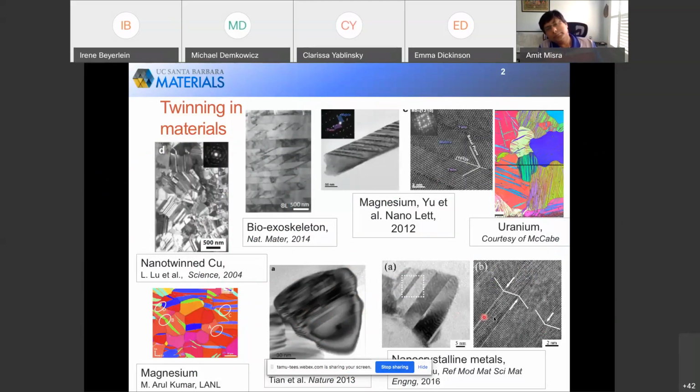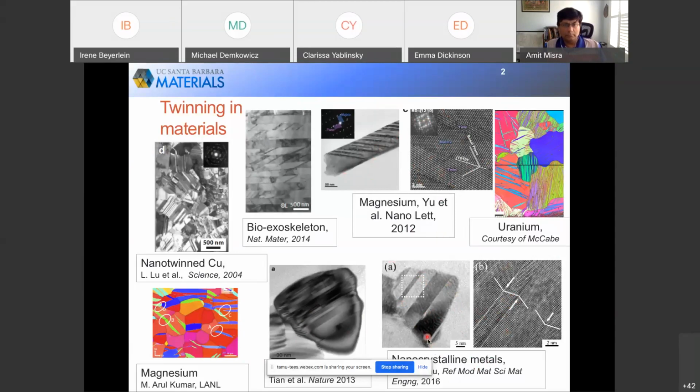These are twin lamellae. Also, there's been an interest in twinning that was revived with the advent of nanocrystalline materials. Some materials that normally wouldn't twin if they're coarse grain are found to twin in highly small spaces and these nanomaterials, for instance, in this copper material here, and in magnesium as well.